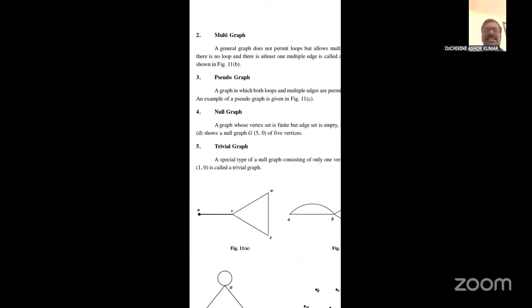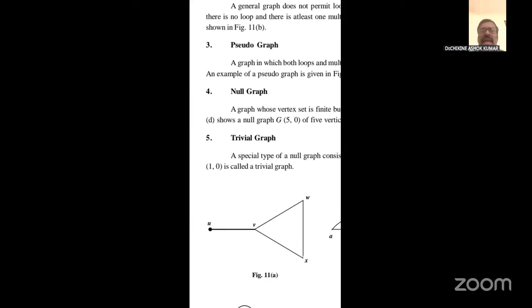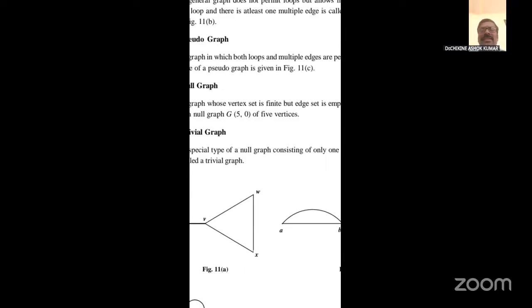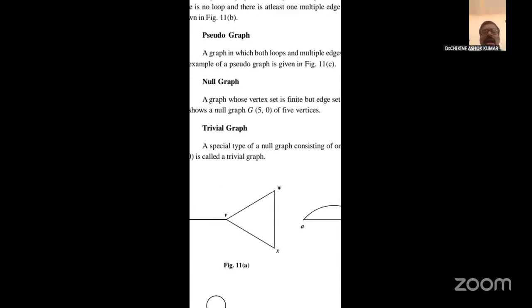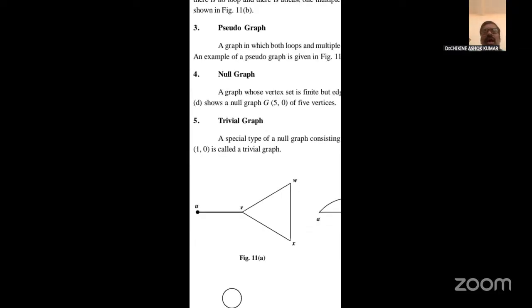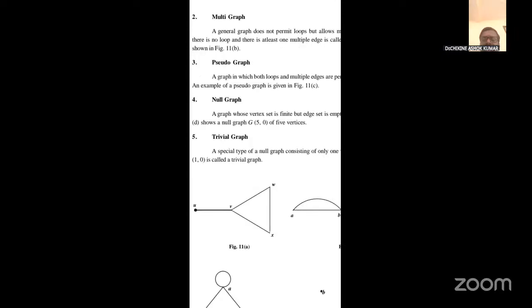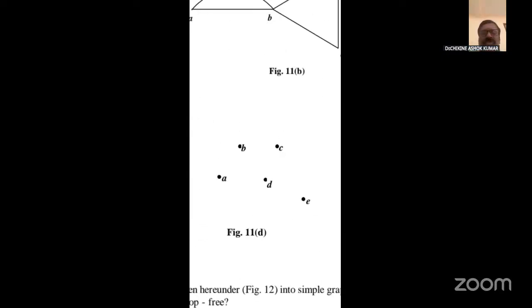Next, null graph. A null graph is a graph whose vertex set is finite but whose edge set is empty. In figure 11d, a null graph of 5 vertices is shown. How many vertices do we have?